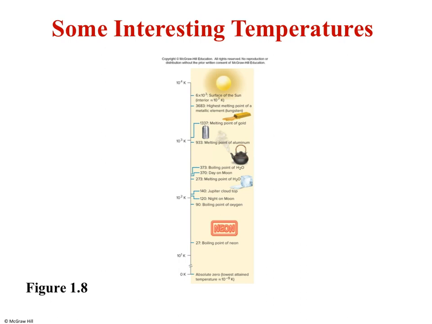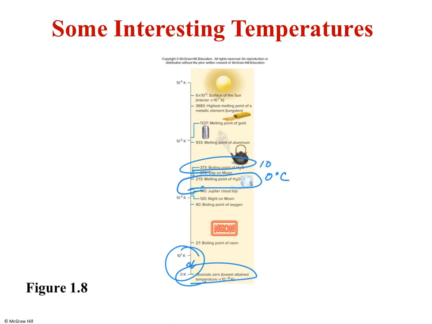So here's some examples of Kelvin. Absolute zero here. This break means that this isn't an accurate representation. Here we have melting point of water is 273 Kelvin, so there's your 0 degrees Celsius. Boiling point of water is 373 Kelvin, so that's 100 degrees Celsius.